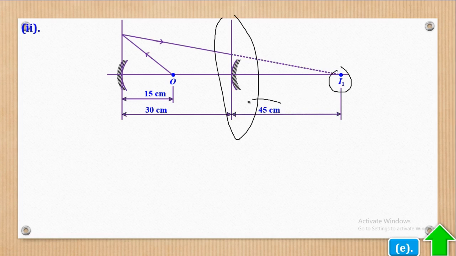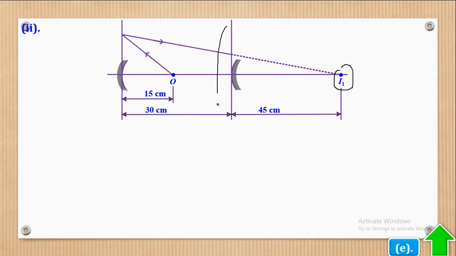And here we used 45 because the total was 75, but 30 is already here, so the remaining part will be 45. Now this image is what acts as the object of this second mirror.